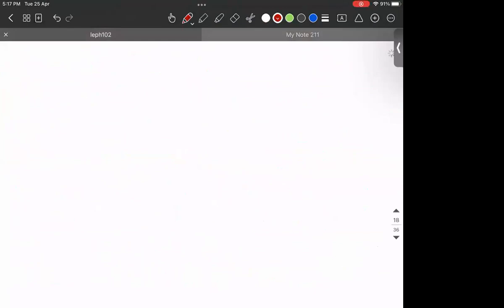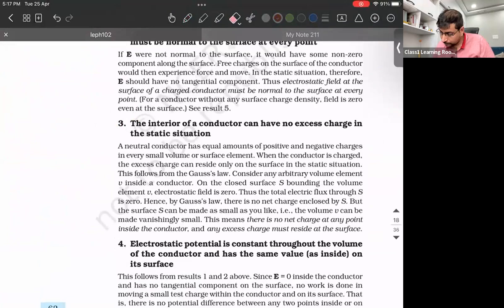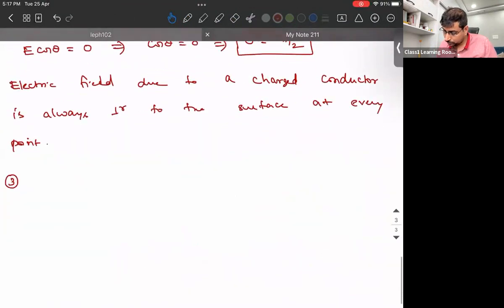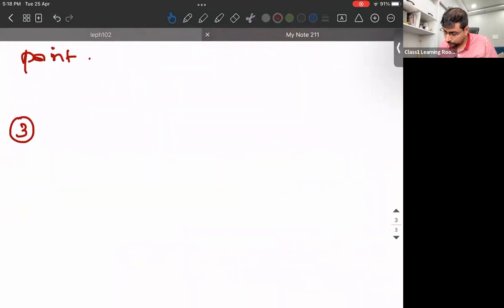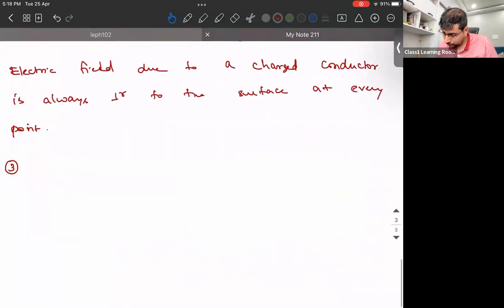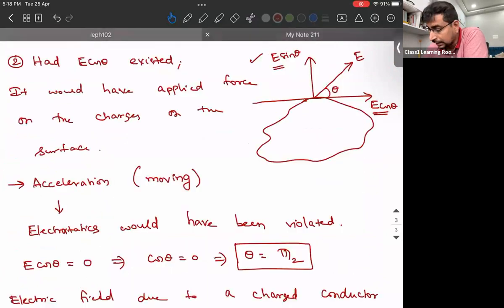Third point. The third point says the interior of a conductor can have no excess charge in the static condition.